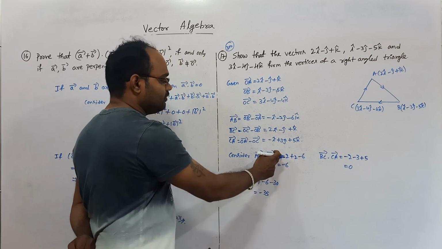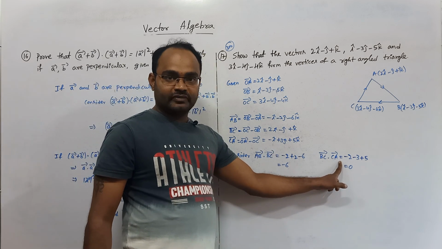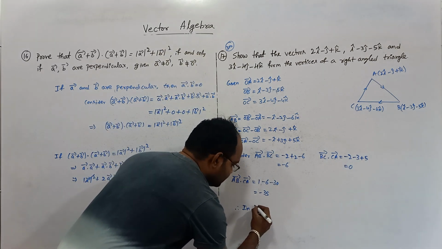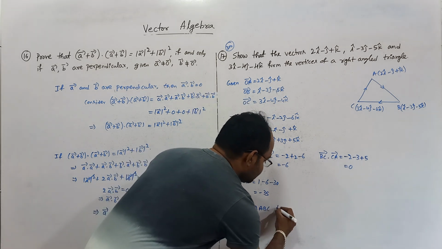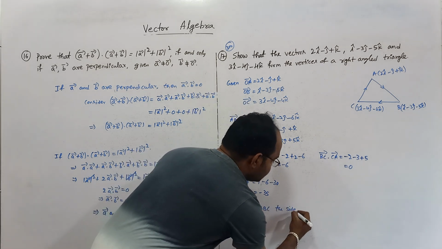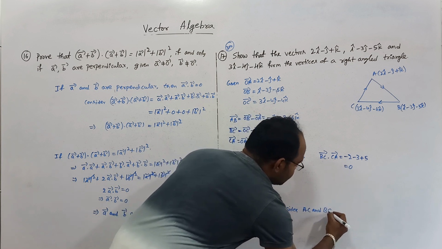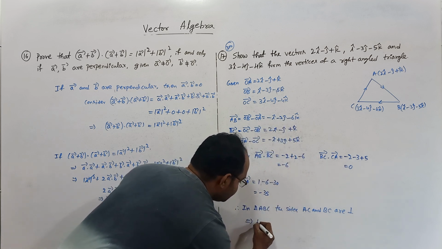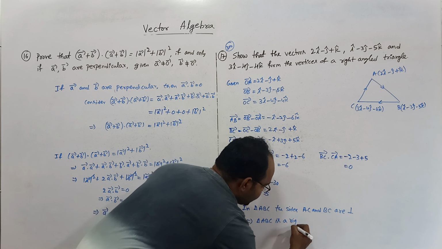These two are non-zero, they are not perpendicular, but BC and CA are perpendicular, right? So therefore in triangle ABC, the sides BC and CA are perpendicular, which implies triangle ABC is a right angled triangle.